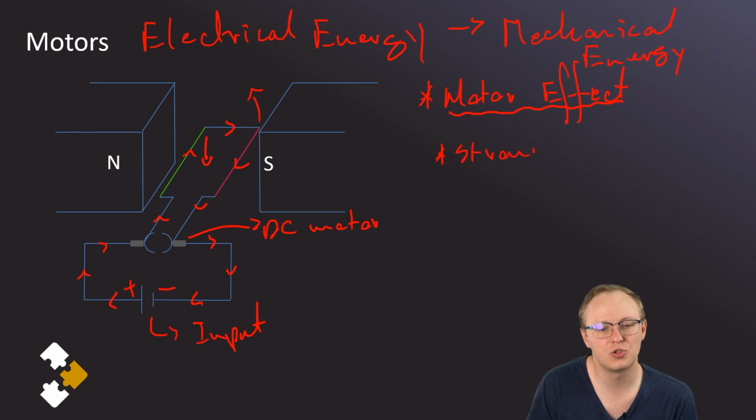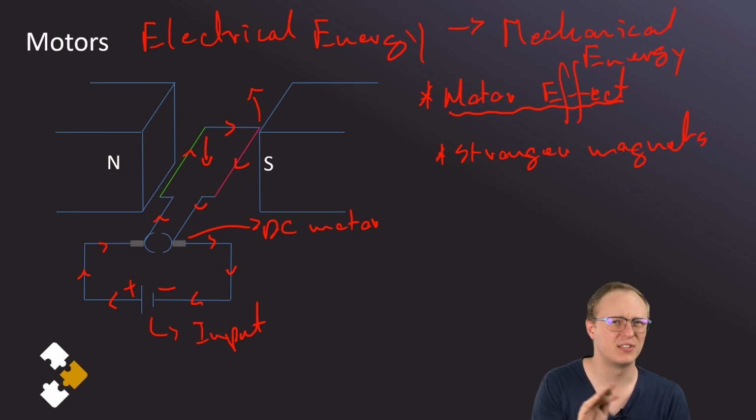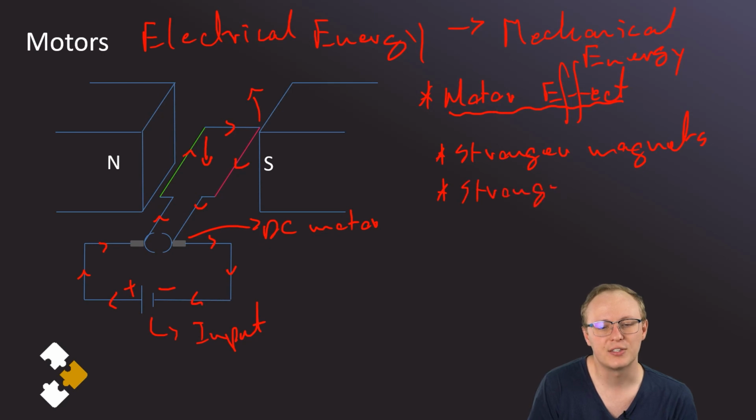We can use stronger magnets. Note that I'm not explaining this in terms of the EMF equals negative n times the rate of change of flux equation, because this is not electromagnetic induction. This is the motor effect. So we can use stronger magnets, and we can also use a stronger current.